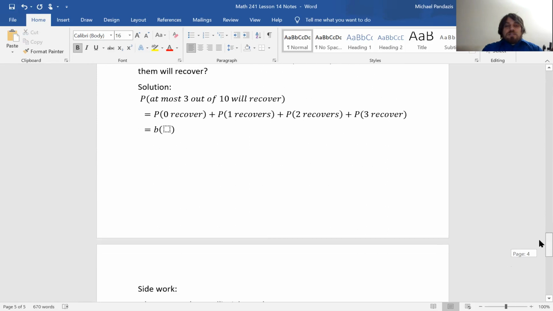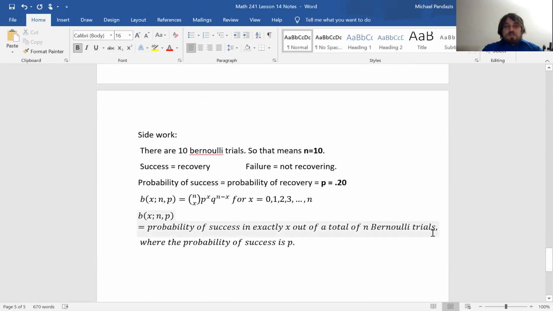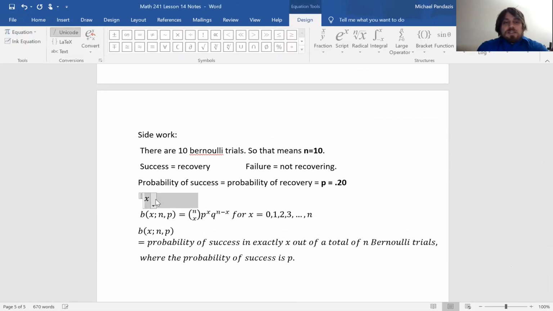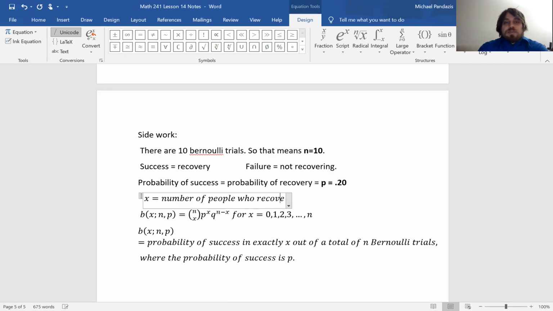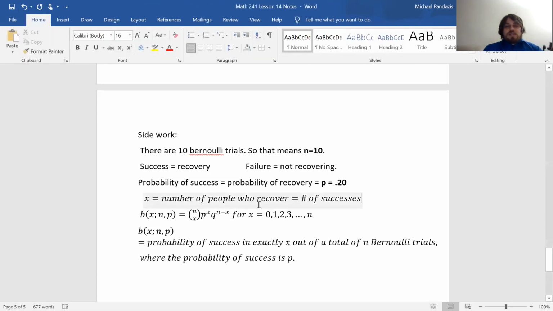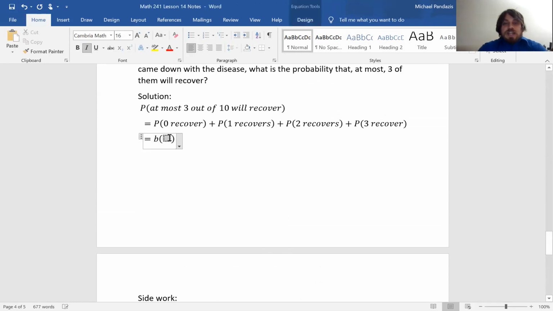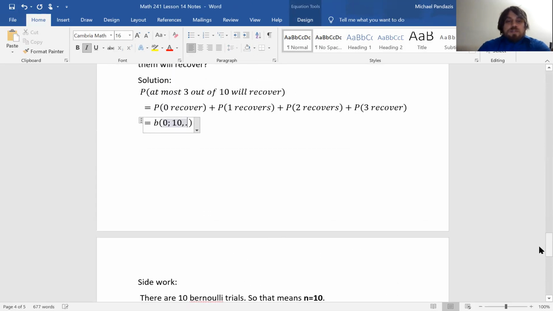And so the number who recover is X. Little x is the number of people who recover. It's the number of successes. So saying 0 people recover is saying that the value of X is 0. And there are 10 Bernoulli trials, and the probability of success, of recovery, is 0.20.